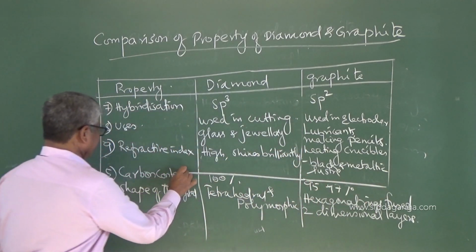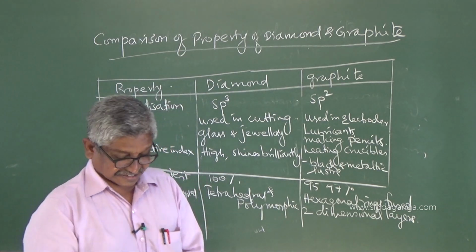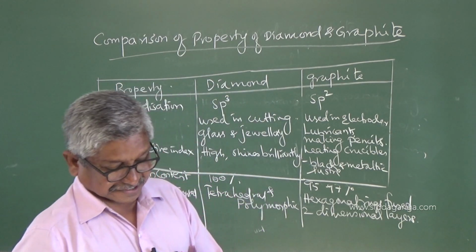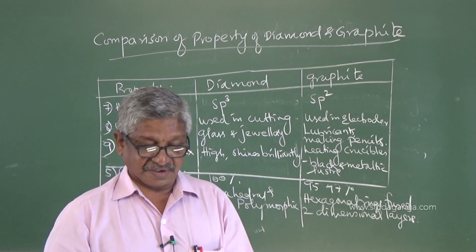So these are the properties of the diamond and the graphite.